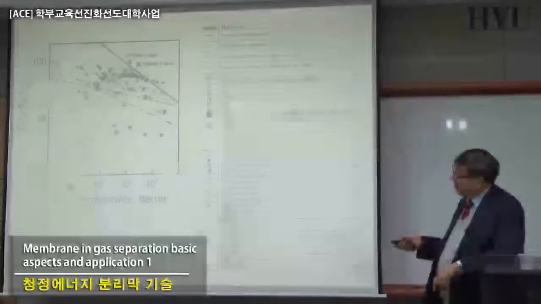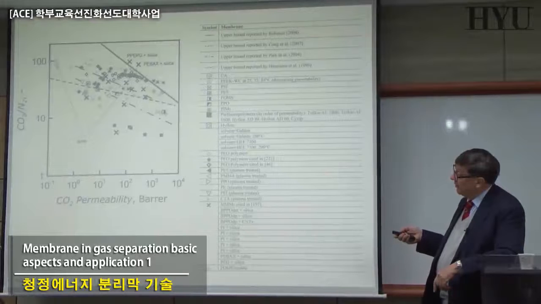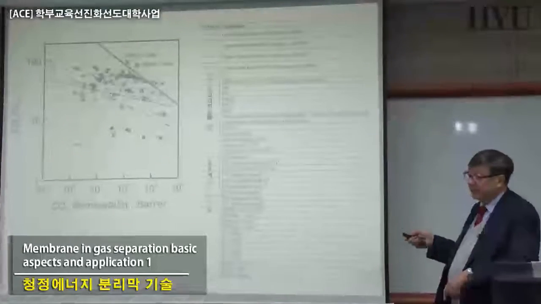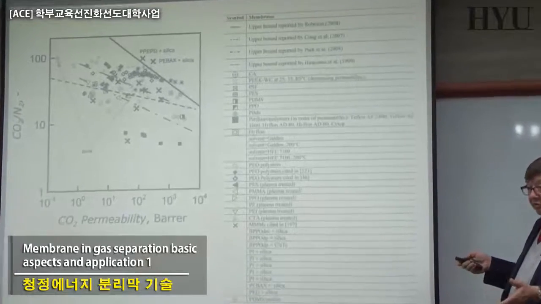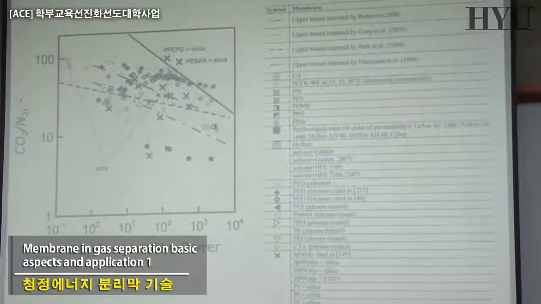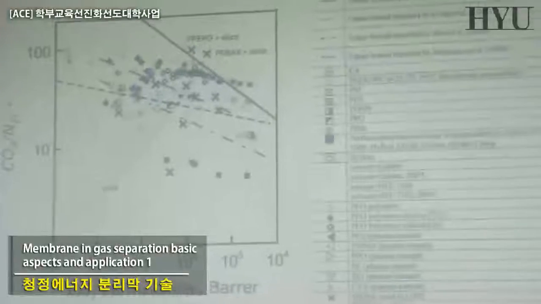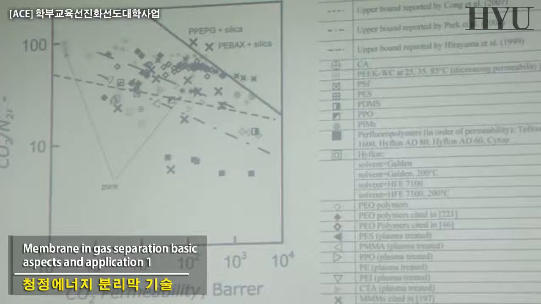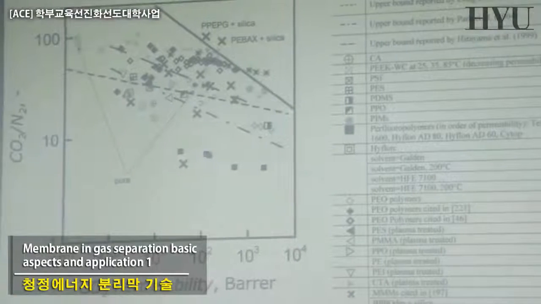So there's a lot of interest, and most of the existing real membranes are lower than 70, 80. 35, 40 was a typical number. And as soon as you want to do better, you again have to go to some hybrid membranes with PEBAX or PPAG with silica or some other additives.